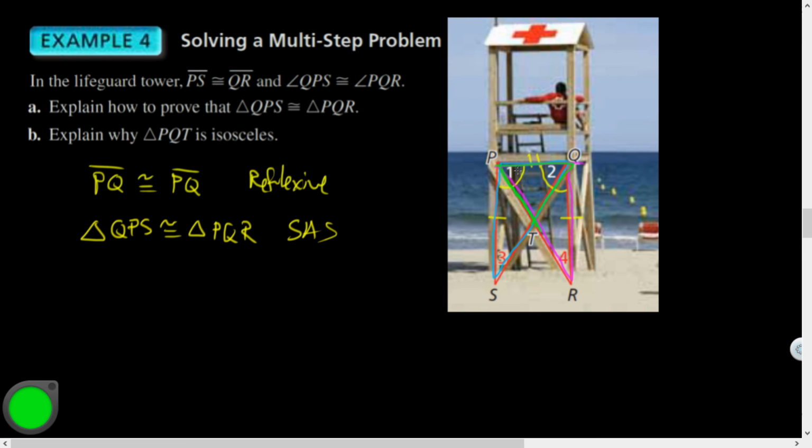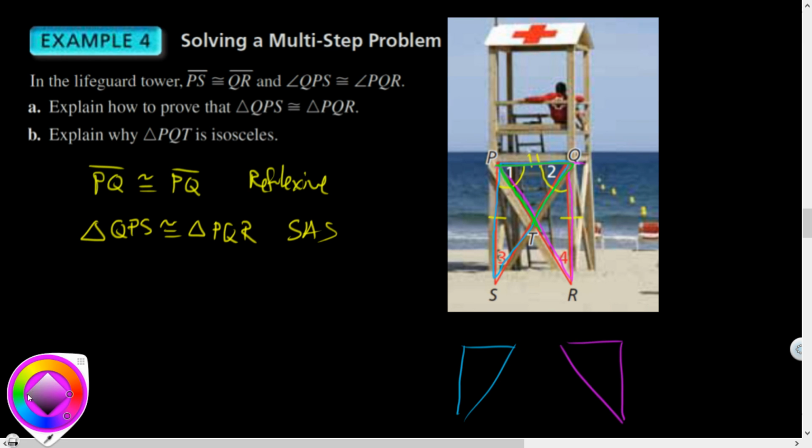Okay, they labeled this angle 1 and angle 2. If I had those two separate triangles, which now I guess I'll draw all over again. All right, I've got that one, and I've got that one. Angle 1 is this angle, and angle 2 is this angle.